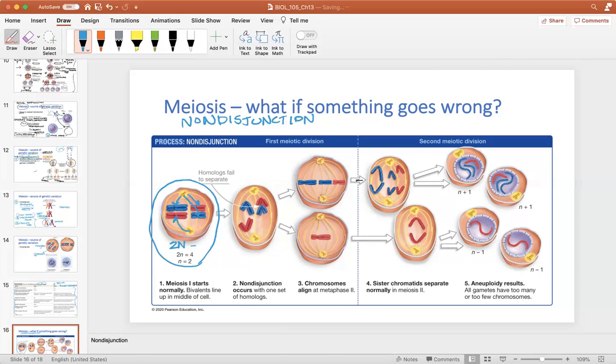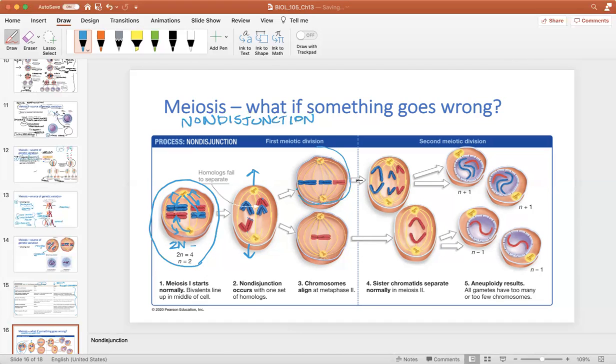This one attached normally. Now, when these start to pull back toward the opposite poles of the cell, you can imagine what's going to happen, and we have it pictured here. 3 of these guys end up going in that direction, and this one ends up going in that direction. That means that at the end of meiosis 1, we have a problem.